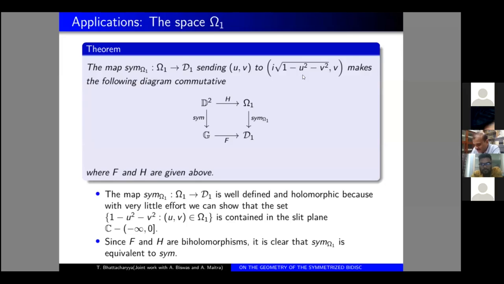Especially, I think one of the interesting things in connection to operator theory is the curious thing that numerical radius makes a presence for the rational dilation for the symmetrized bidisc. Now, as you know, it has appeared in your work as well, all these unitary row dilations.